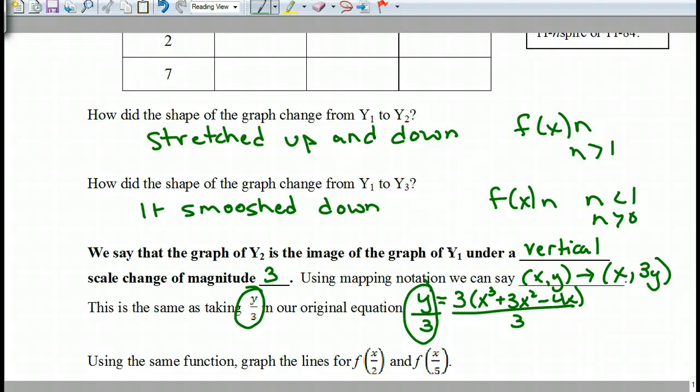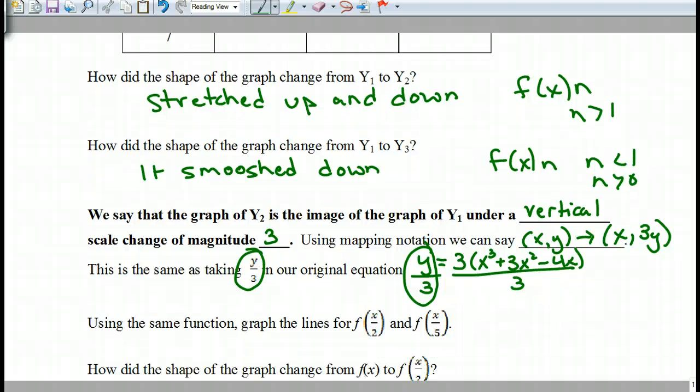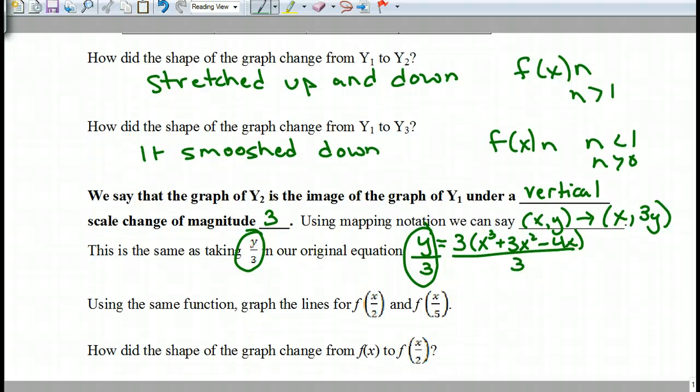Okay. Using the same function, it says graph the lines of f of x divided by 2 and x divided by 5. Now, I don't have this, but I'm going to tell you what happens to it. Wait, can I ask a quick question? Yes. So why, they're referring to y as in like the function?